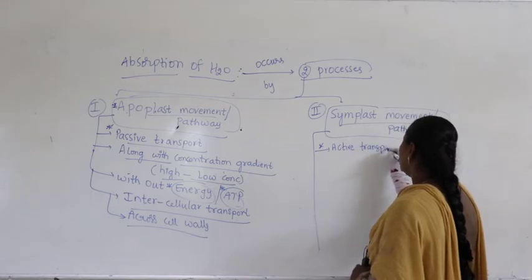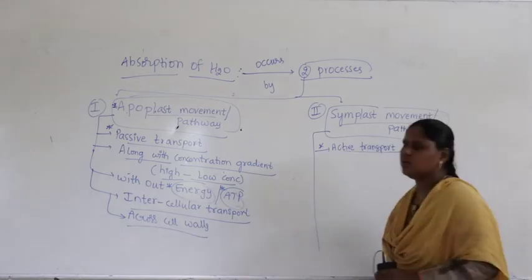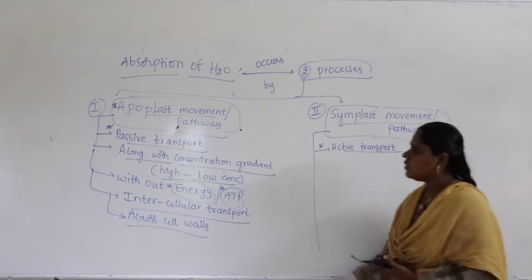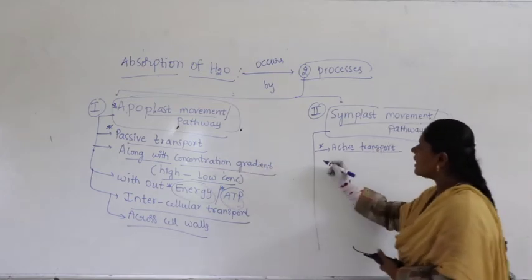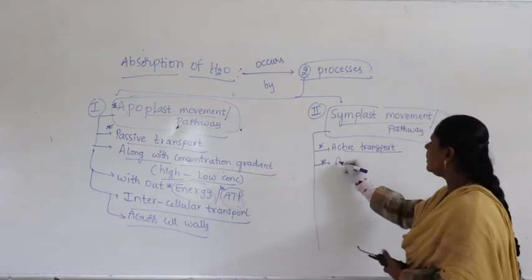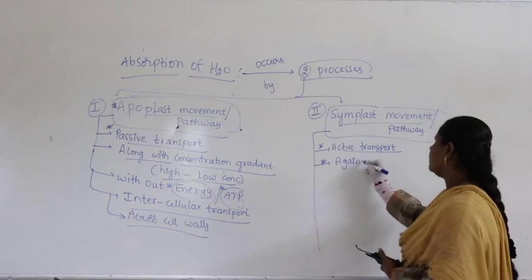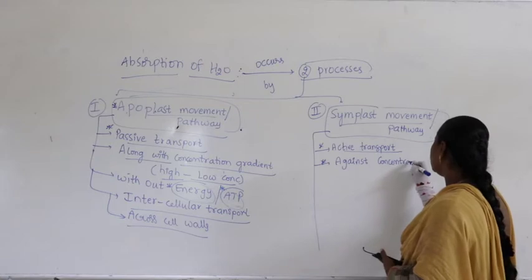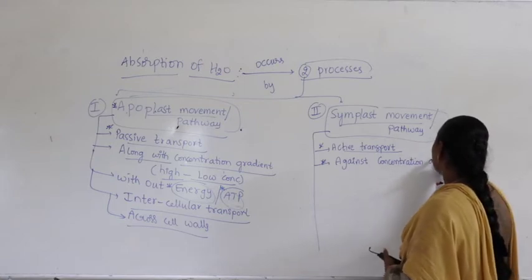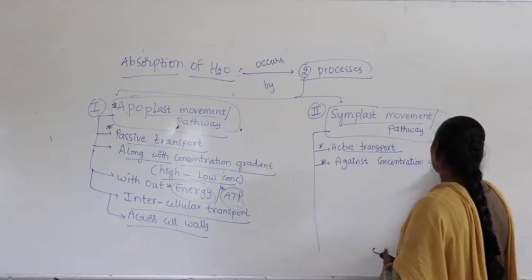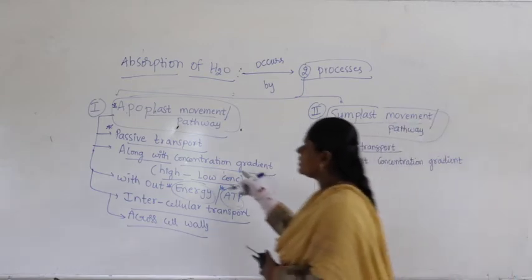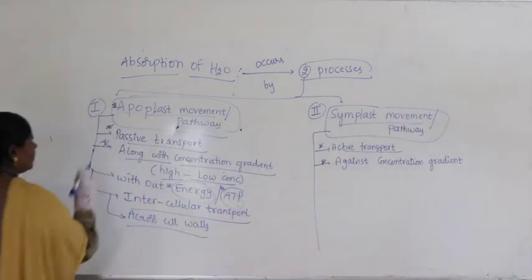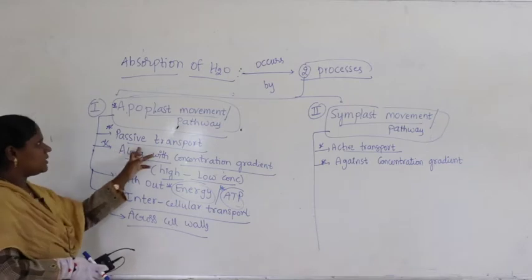Symplast is active transport. How does it occur? This is against the concentration gradient. Apoplast is along the concentration gradient, that is passive.